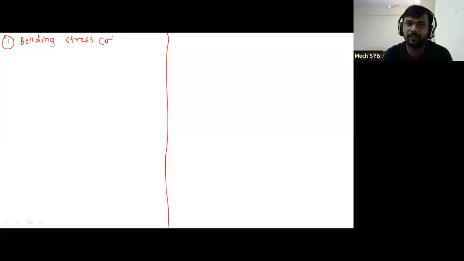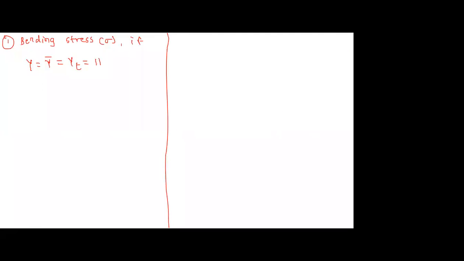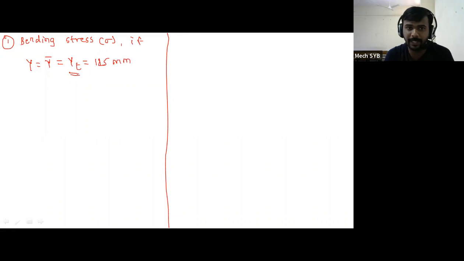Bending stress sigma, if y is equal to y bar is equal to yt. What is the first y bar? 125 mm. So we have written yt. Then your formula becomes M upon I is equal to sigma t upon yt.